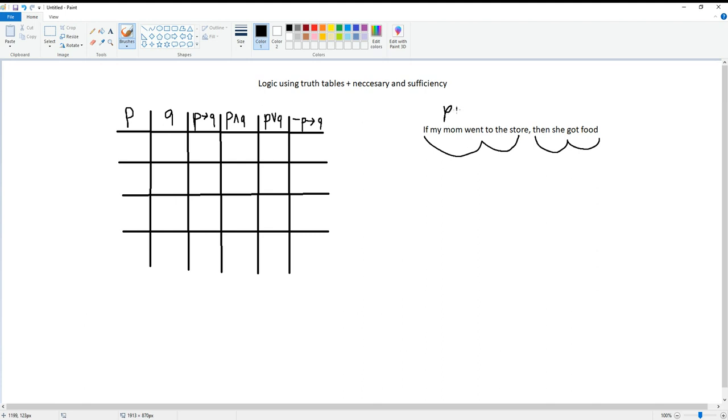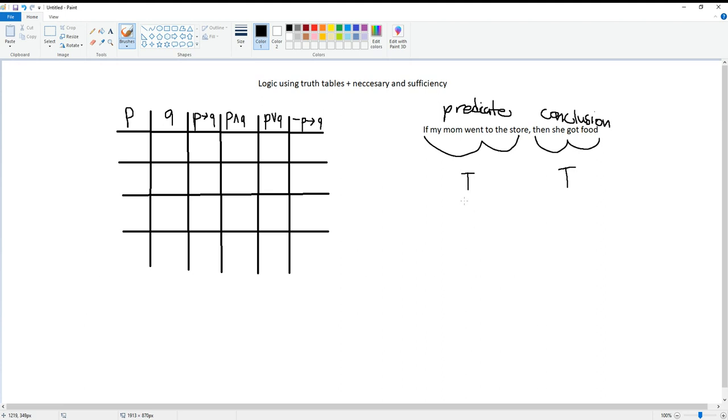So this is called the predicate of an if-then statement, and this is the conclusion. And so we generally say that this statement is true if the predicate is true and the conclusion is true.